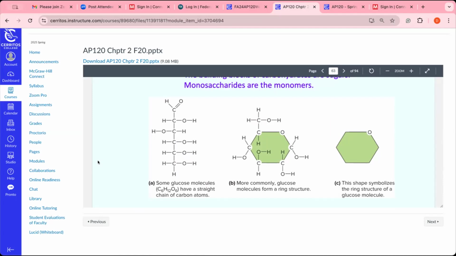So here's more commonly what they look like. You have carbons on each vertex of the shape except for one, and then you have hydroxide. This shape symbolizes the ring structure of a glucose molecule.